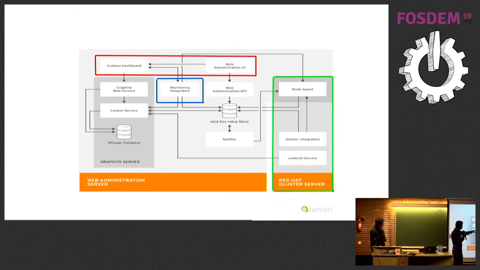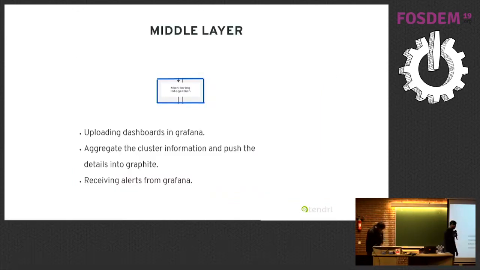Now we move to the second one, the monitoring layer. The monitoring layer has only one service, called monitoring integration. The monitoring integration has three major responsibilities. One is that it will upload the monitoring dashboard into Grafana.